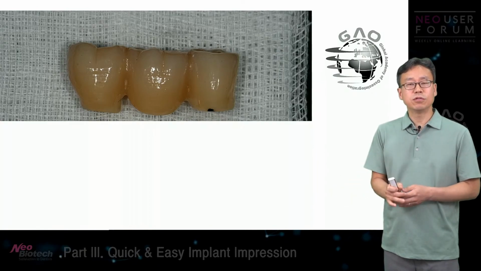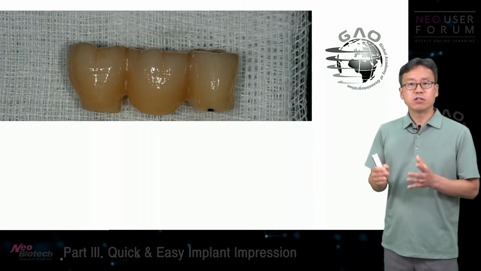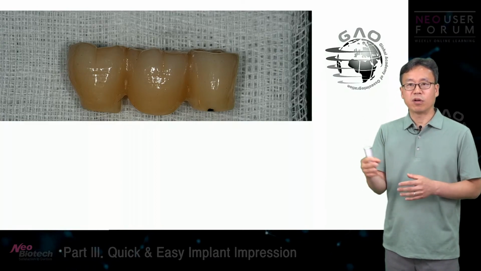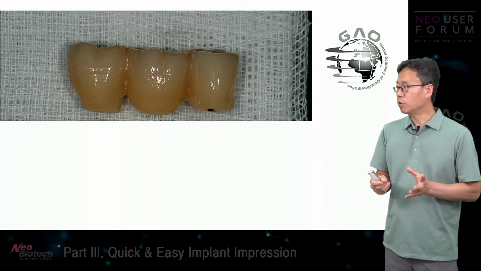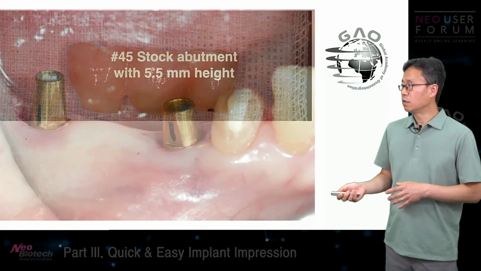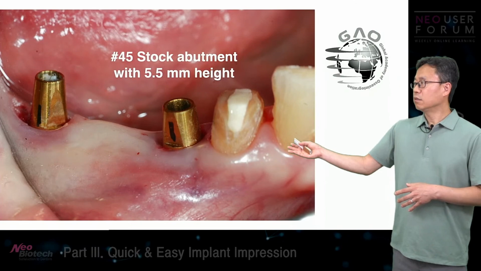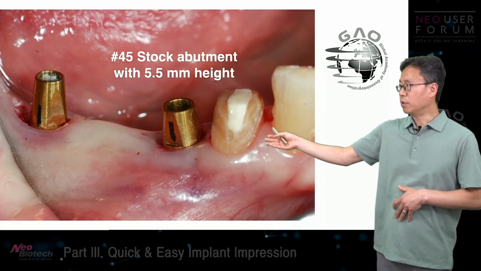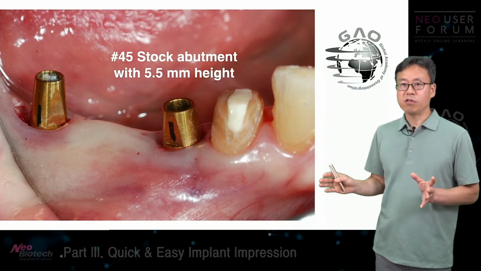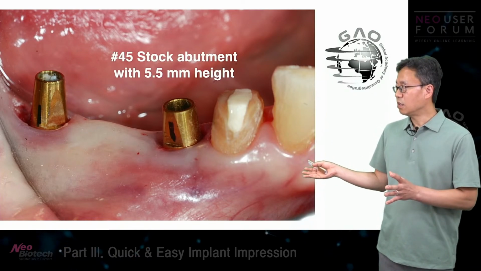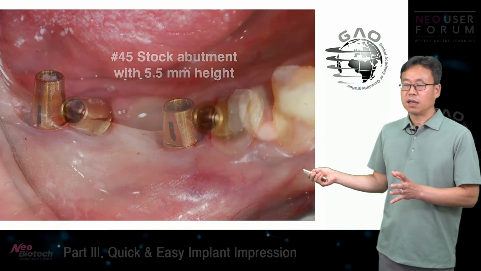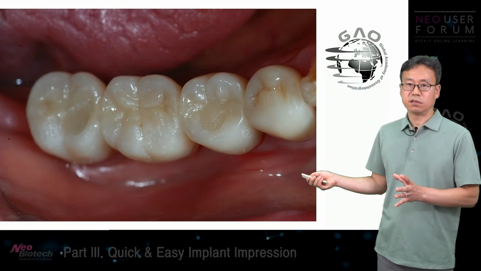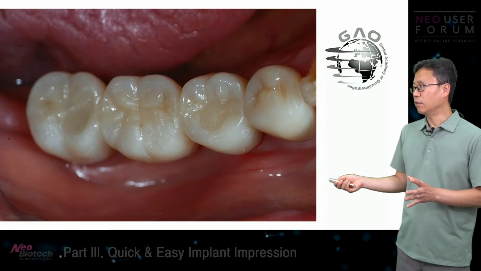All you need to get is the stock abutment information from the lab, which abutment you should use. So anyway, these two stock abutments, not prepped at all, are seated in the patient's mouth, and then the crowns are delivered, the monolithic zirconia crowns.